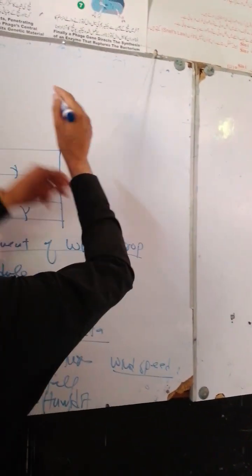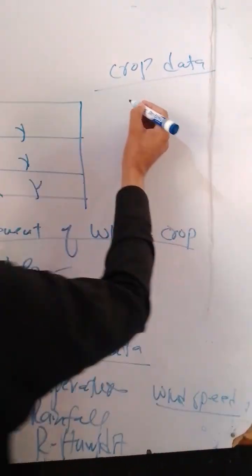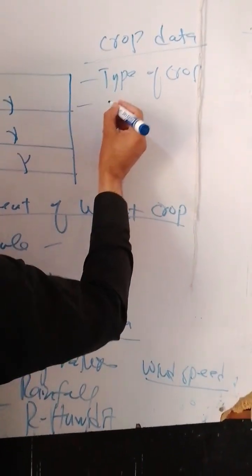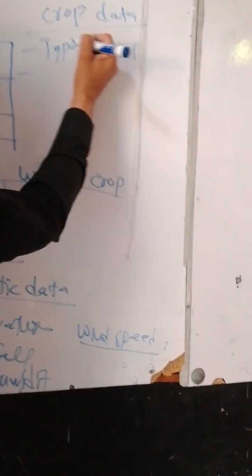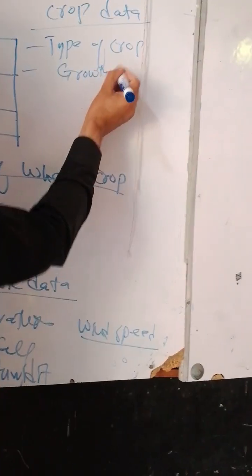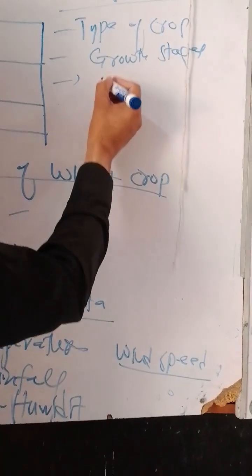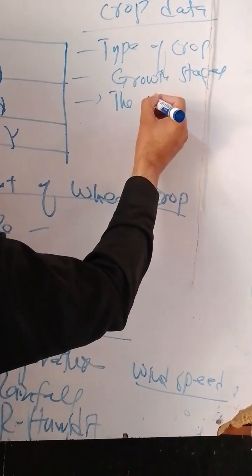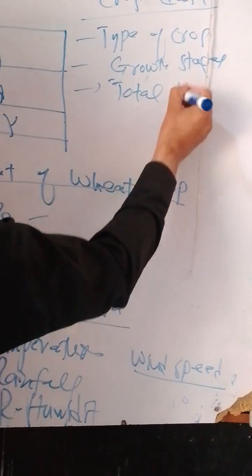The second data we need is crop data. In crop data we require the type of crop, the stages of crop growth, the growing duration, the total duration of the crop.